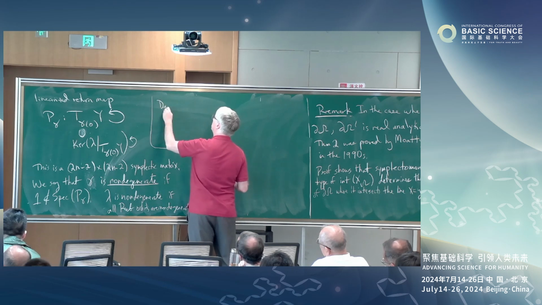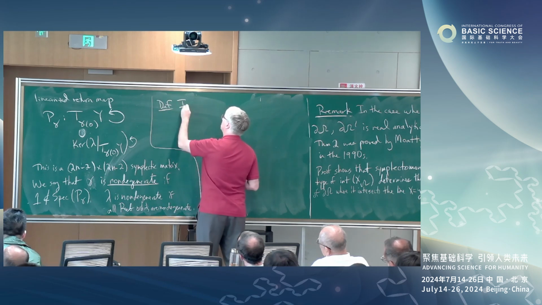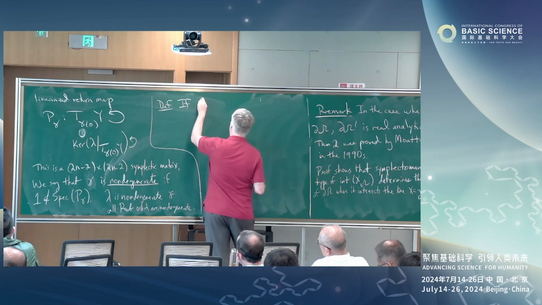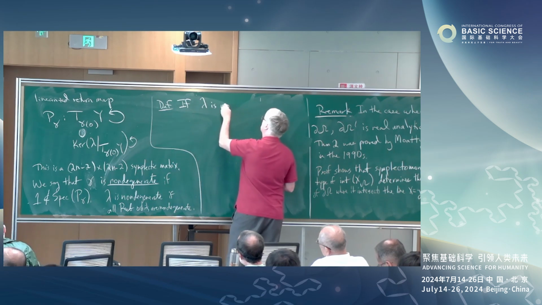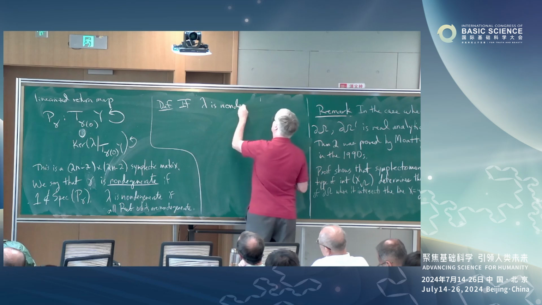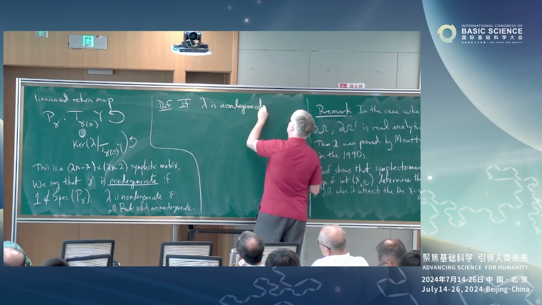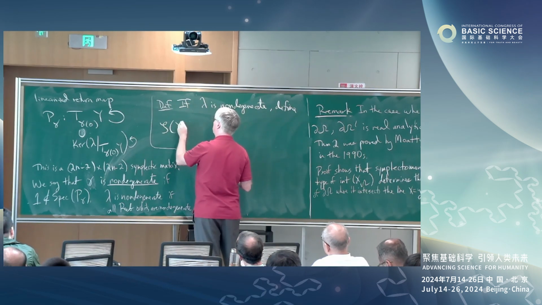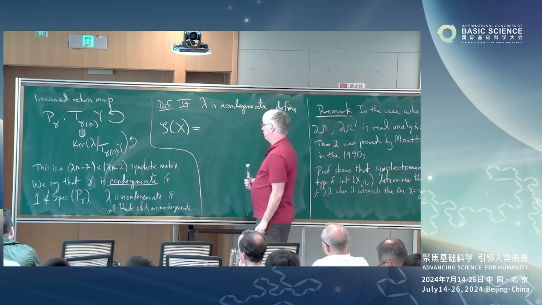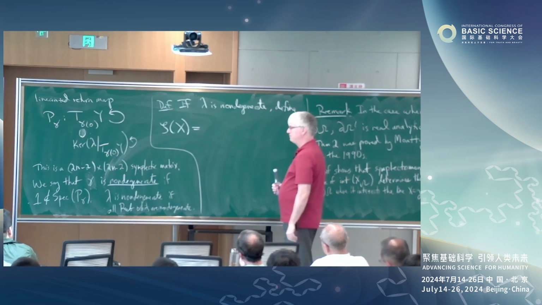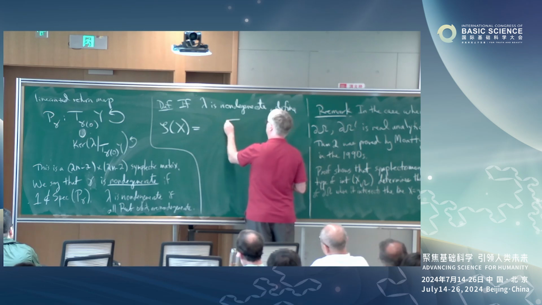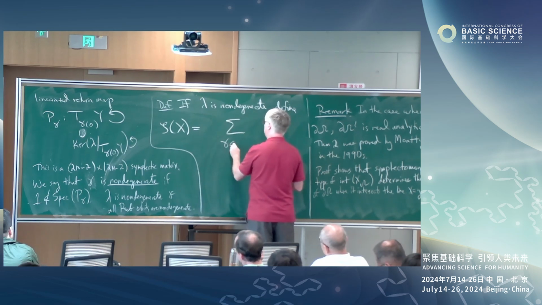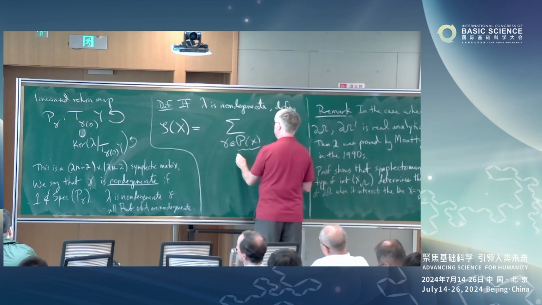Okay, so now I can give you a definition of a zeta function. So, definition: if lambda is non-degenerate, define zeta of X to be the following thing. It's going to look a little weird. So I'm going to sum over all periodic orbits. This notation means the set of Reeb orbits.